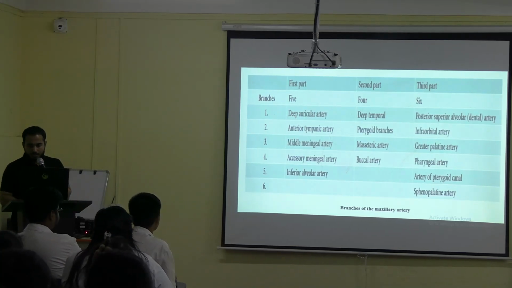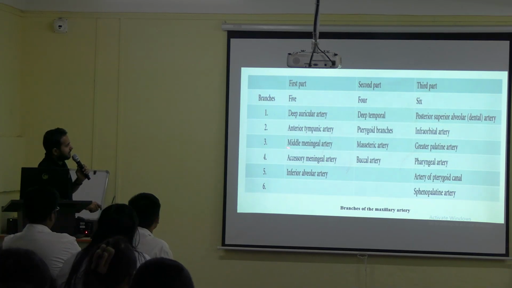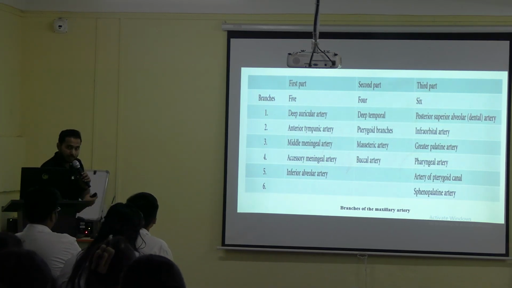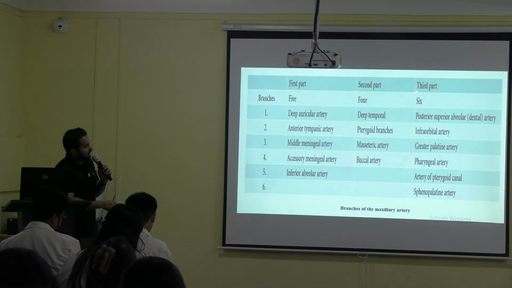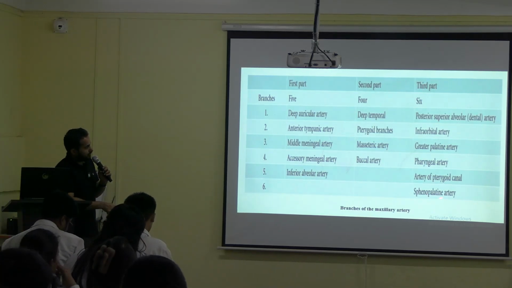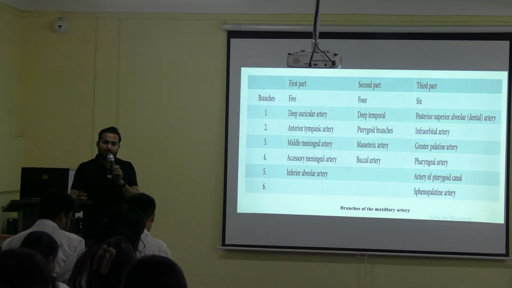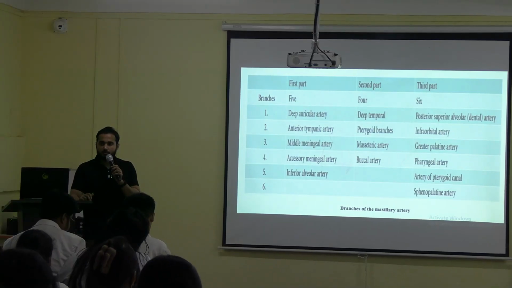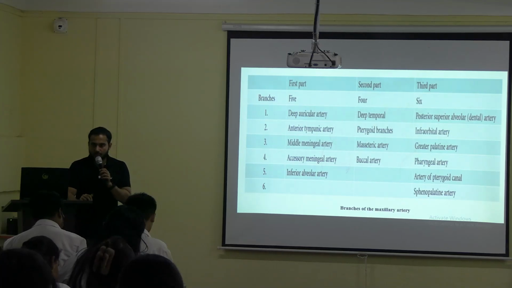Now here you have to notice one thing. Among these branches, the middle meningeal artery has great clinical significance, and from there you can expect questions in the exam. And lastly, of the third part, one of the important terminal branches, the sphenopalatine artery, also has great clinical significance. Clinical significance in the sense of exam point of view: questions are being asked from these two branches. That's why I am mentioning.